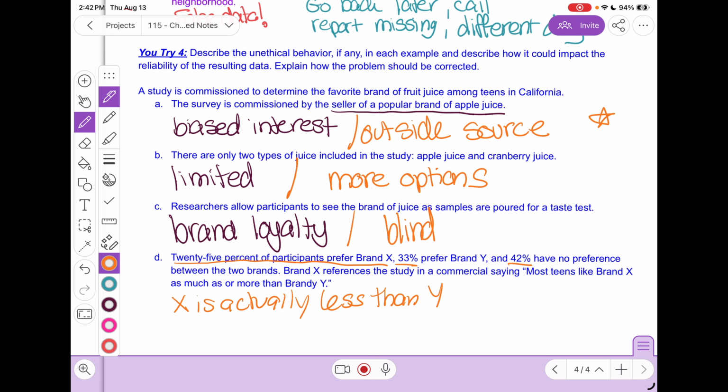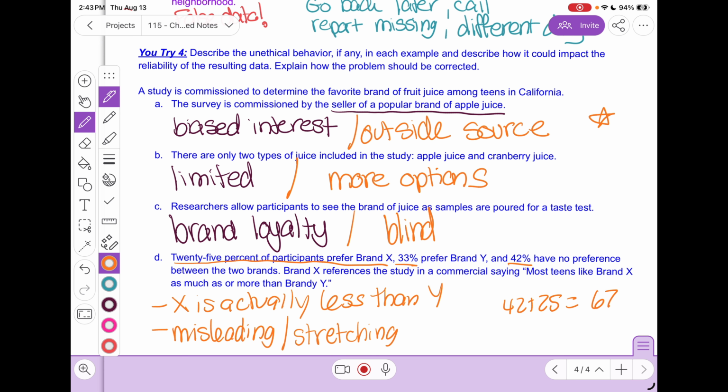So they're not lying, but it's misleading. If you're talking apples to apples, X to Y, X is less. They're misleading, but they're stretching the truth. Because as much as or more than Y, they can say 42 plus 25 is 67.